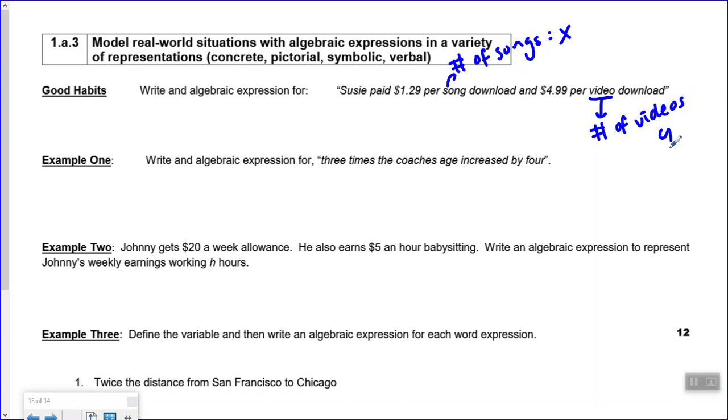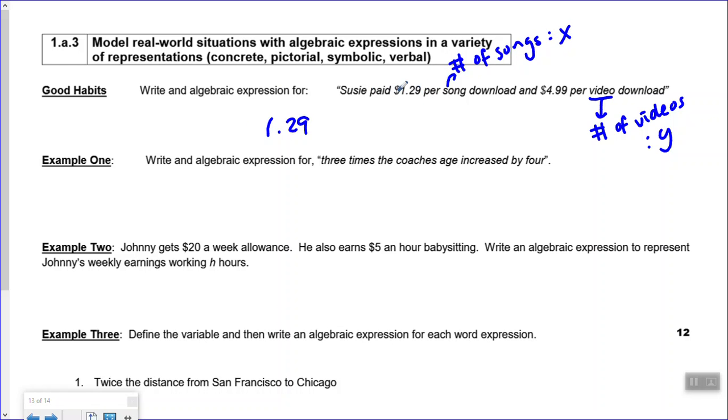as y. Okay. So if she pays $1.29 per song, let's think about it: if you download one song, you pay $1.29. But if you download 2 songs, you're going to multiply this by 2. If you download 3 songs, you're going to multiply $1.29 by the number of songs, right?